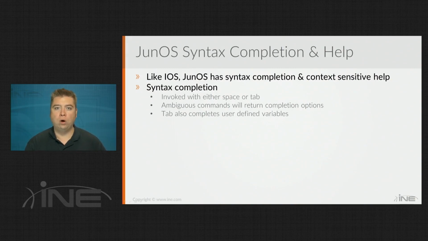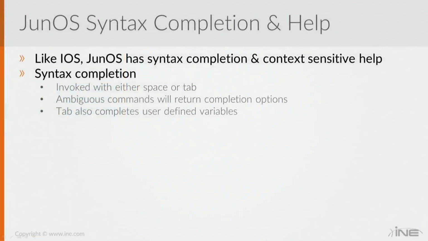You'd have to look at what your ACL name or route map name was from the config, and then either type it in or paste it in, which can be troublesome sometimes because a lot of that stuff is case sensitive, and if you don't type the variable exactly, then you're going to have some negative impact on the config. But in the case of JunOS, just like IOS XR, it does do auto completion of the variables that you manually define.